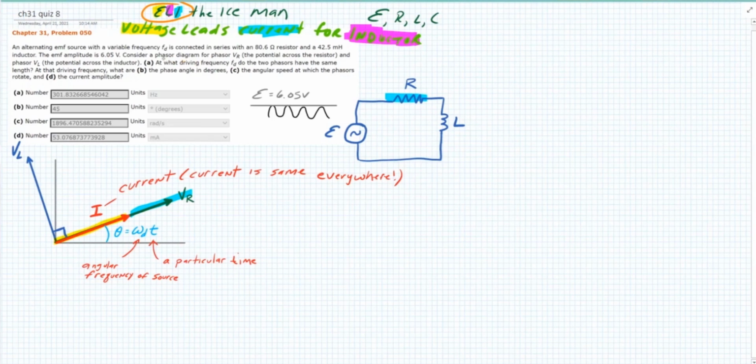So we're done with the phasor VR. Consider a phasor diagram that includes the resistor and the inductor. Okay, I did that. At what driving frequency do the two phasors have the same length? So let's do a copy and paste. Here's my phasor for the inductor. I'm just going to Control C and Control V right there.